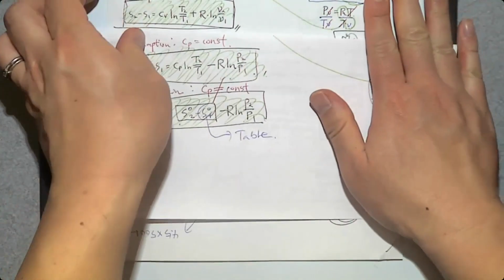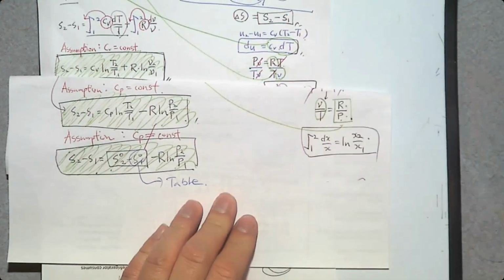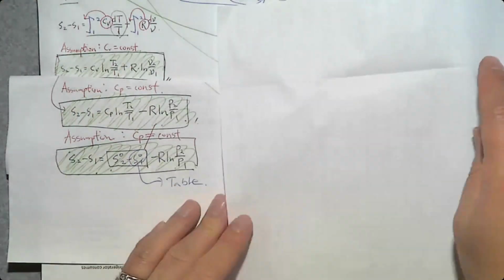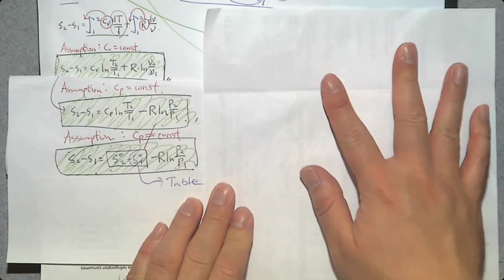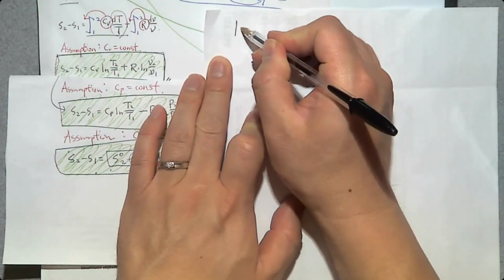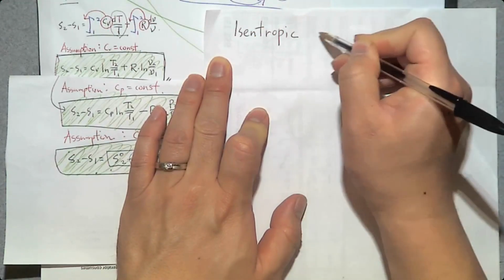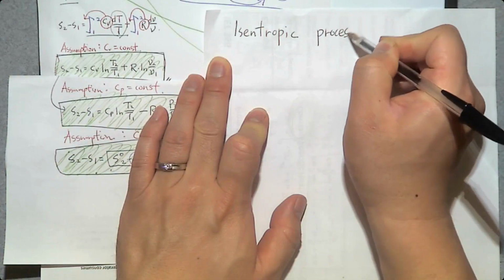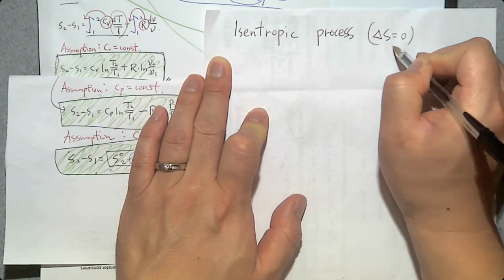So we have these three equations. Now I'm going to assume entropy S remains constant. What kind of process is that? It is called an isentropic process. That means entropy S remains constant.